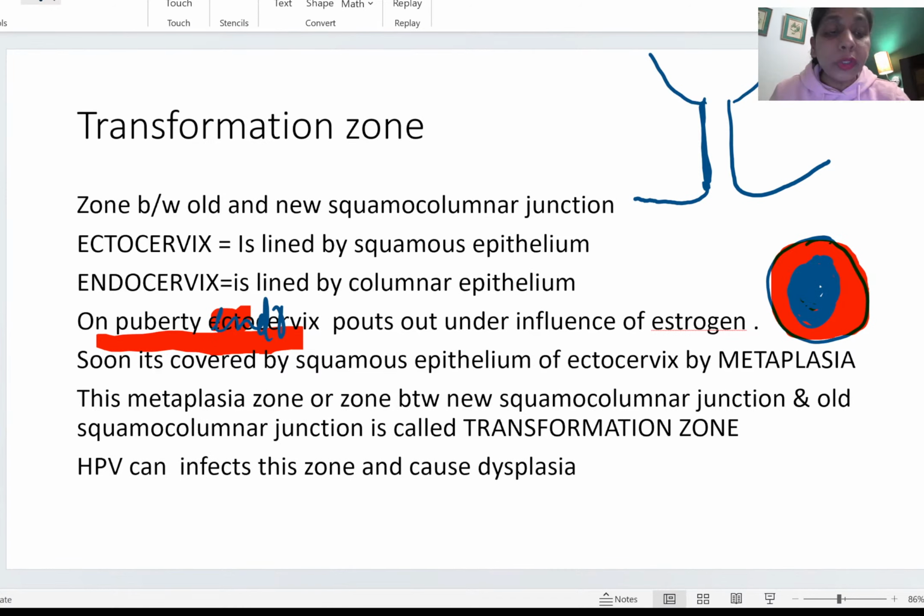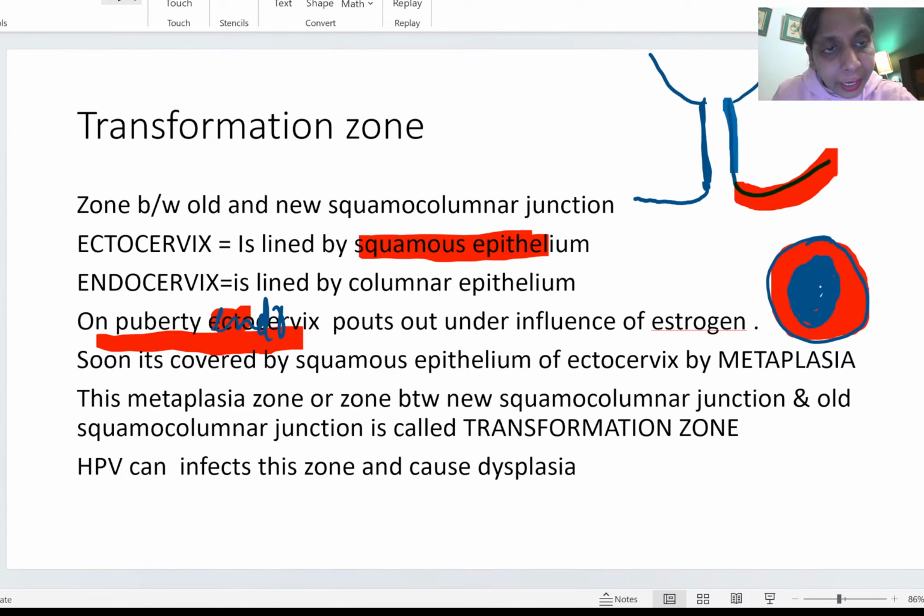Now you tell me, what is the epithelium of the ectocervix? The epithelium of the ectocervix is squamous epithelium, right? This ectocervix is lined by squamous epithelium, and this endocervix is lined by columnar epithelium, right?